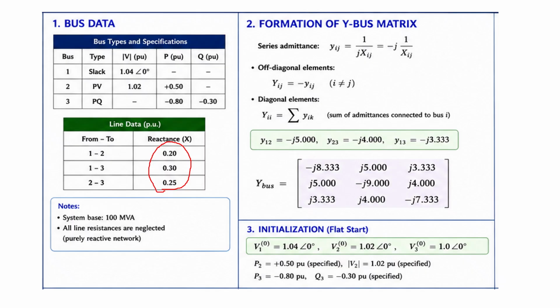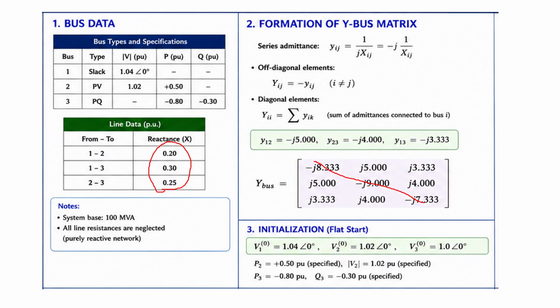In forming the Y bus, we have two main components. One is the diagonal component, which is the summation of all admittances connected to that bus. For example, here we have Y11. This Y11 is the summation of y10, y12, y13.